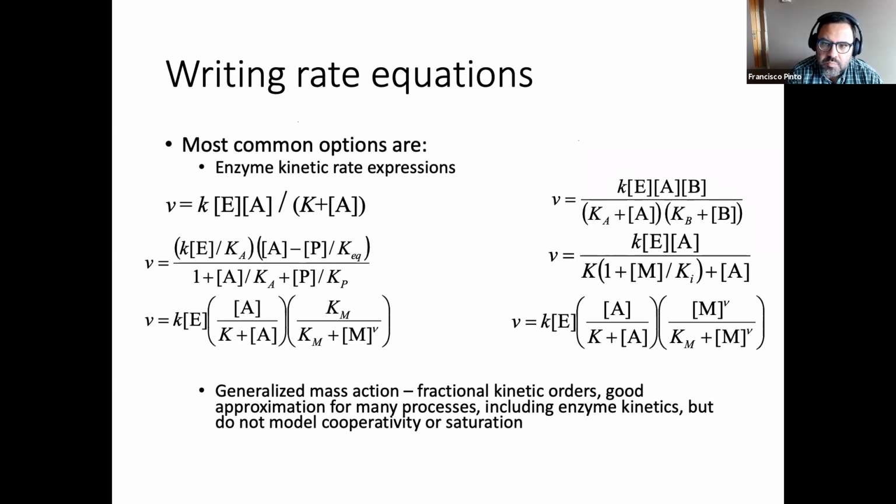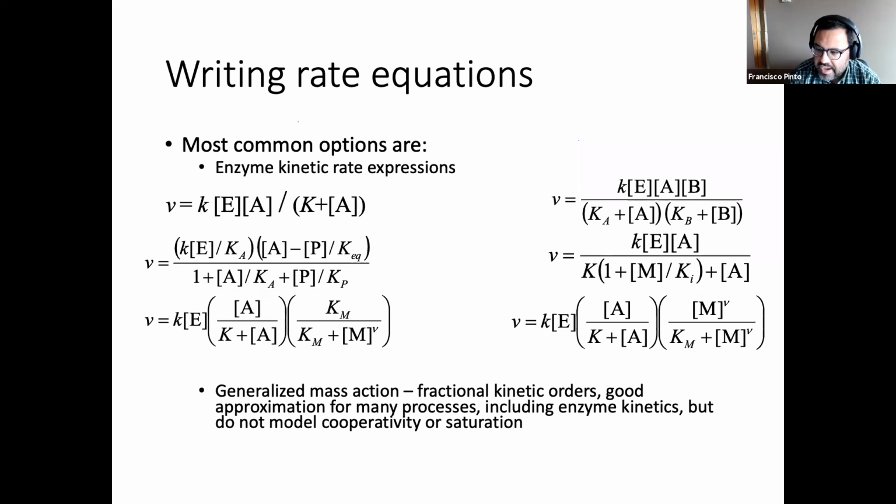But many times when you are trying to model processes that are regulated, you use what are called the Hill equations, the ones below. Here, for example, on the right below, you have a Hill expression for an activation, where you have M raised to v divided by Km raised to v plus M raised to v.